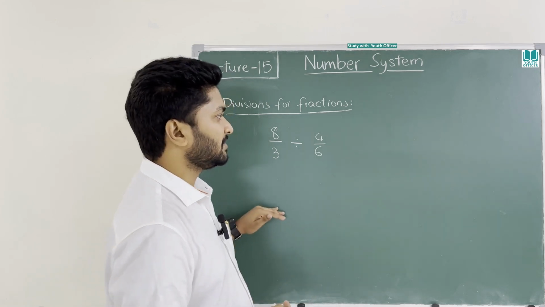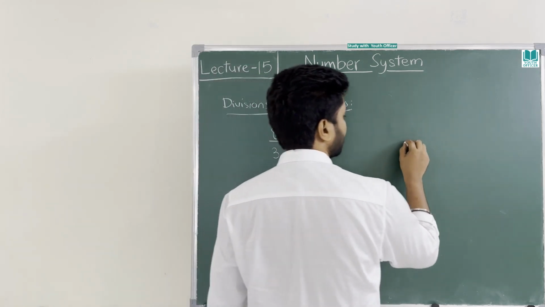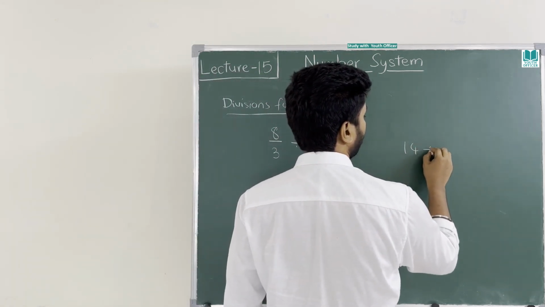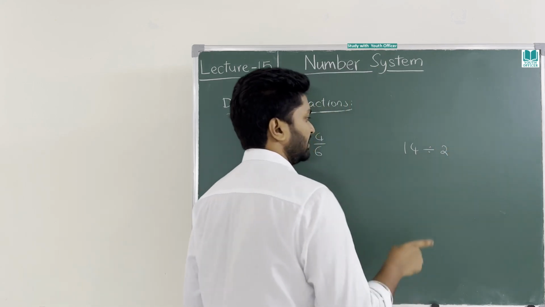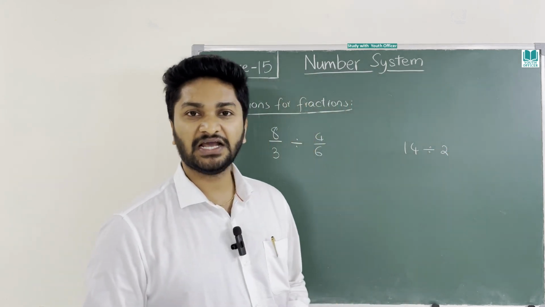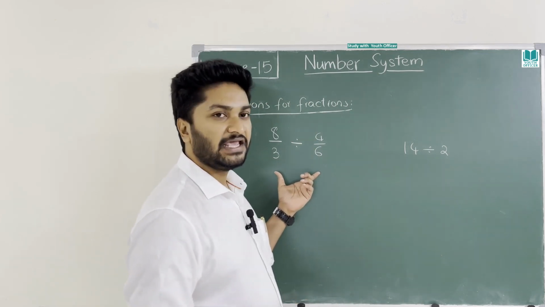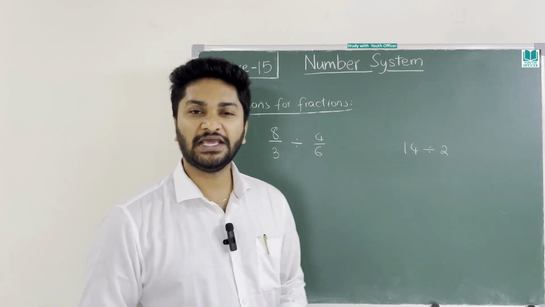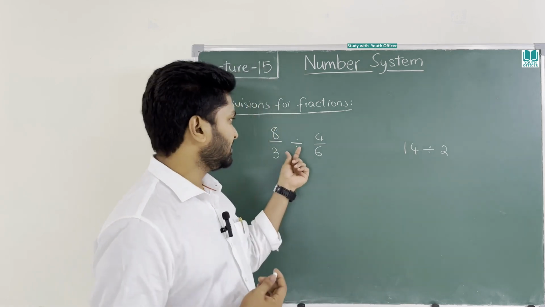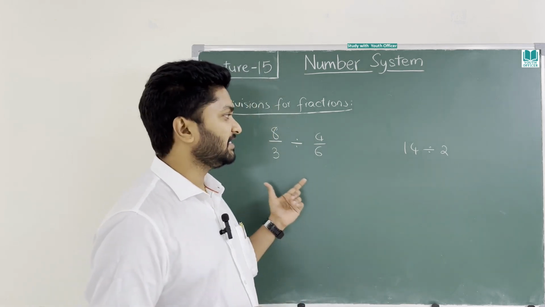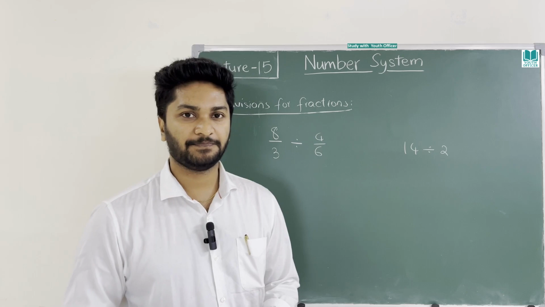Usually in normal numbers, when you take numbers like this, 14 divided by some 2, these numbers we can't convert them into multiplication, but in these fractions we can convert divisions into multiplications. Please make a proper note of that.